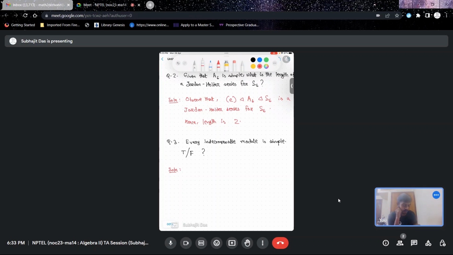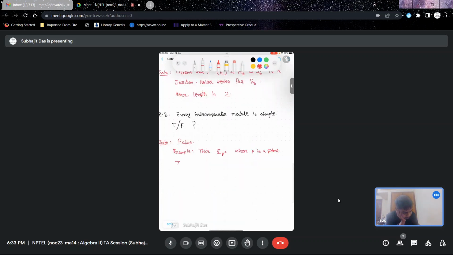So the answer would be that this is false. As an example, take maybe let's say Zp square, but p is a prime. First of all, Zp square is not simple, right?